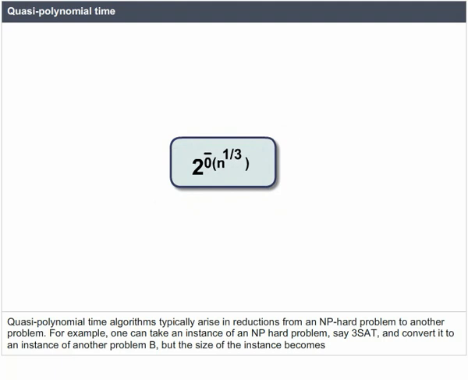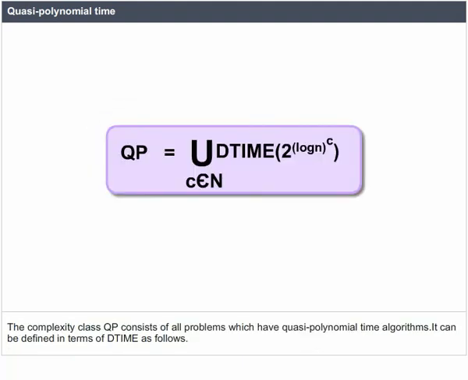For example, one can take an instance of an NP-hard problem, say 3-SAT, and convert it to an instance of another problem B, but the size of the instance becomes quasi-polynomial. The complexity class QP consists of all problems which have quasi-polynomial time algorithms. It can be defined in terms of DTIME as follows.